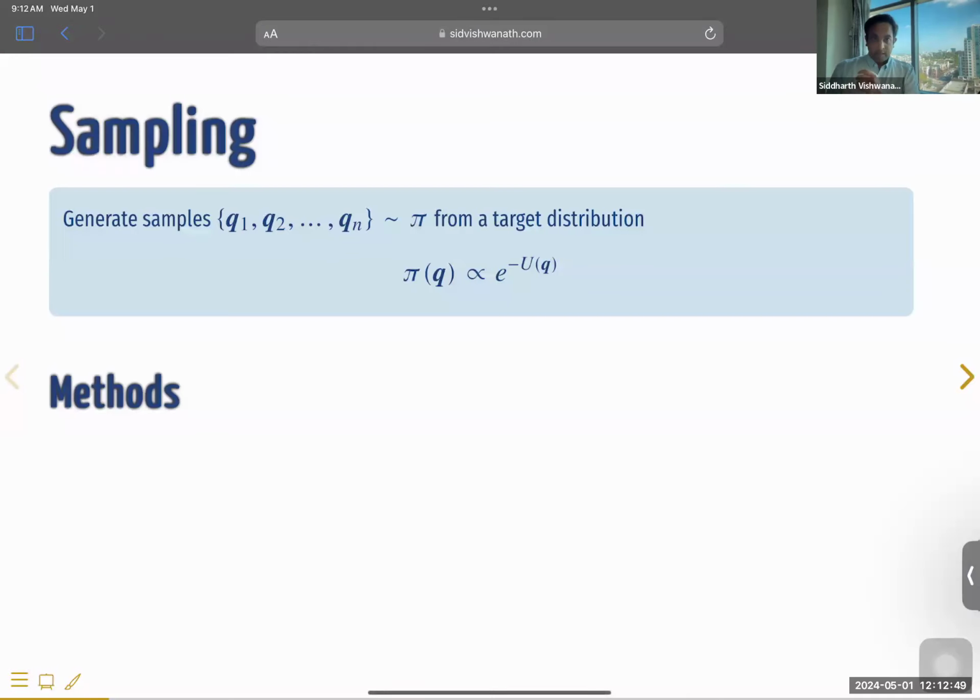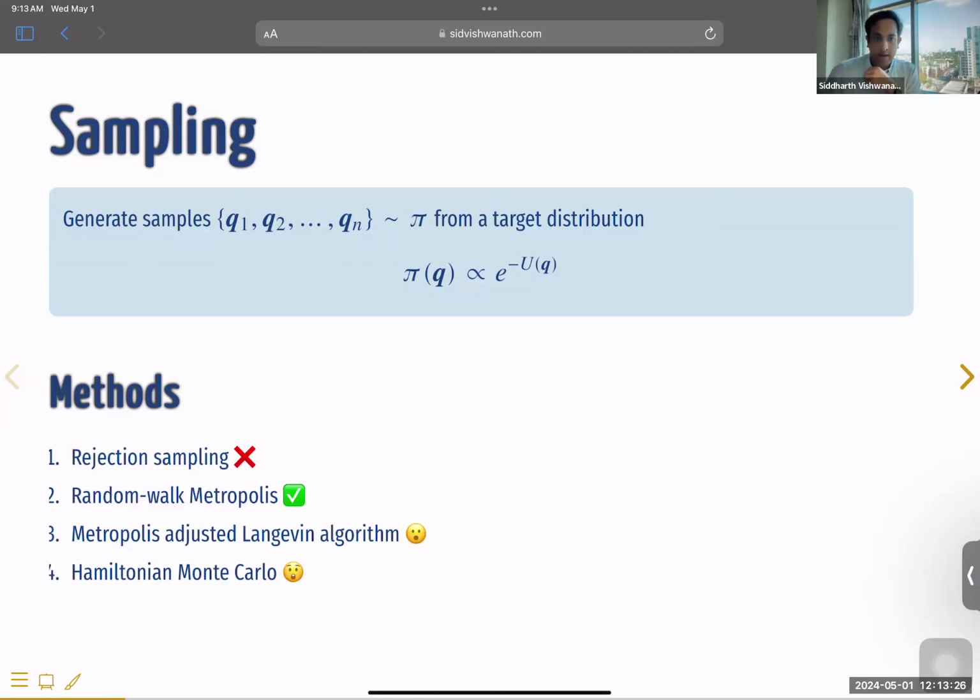The setting is that we want to generate samples, say q1 through qn, from some target distribution pi, and we assume that pi has a negative log PDF that we refer to as the potential function. This is a classically very well studied problem in statistics, and more recently in modern machine learning methods. There has been a plethora of works investigating this question.